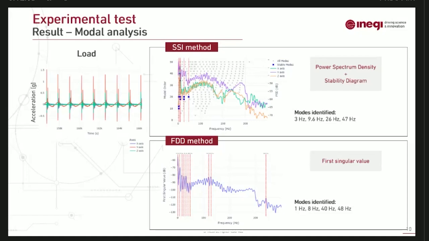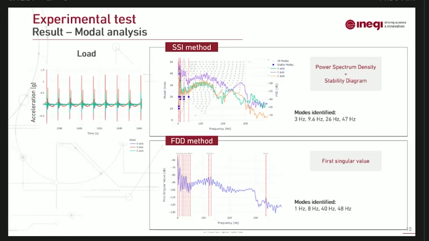And then on the frequency domain decomposition, what we are seeing is the singular values of the decomposition of the power spectrum. Similarly to what we would expect with the SSI method, we would see a spike, and that would be an excited mode, but this data is a little bit noisy.